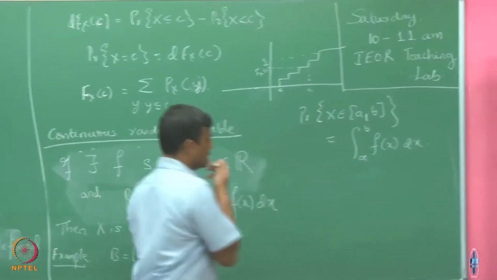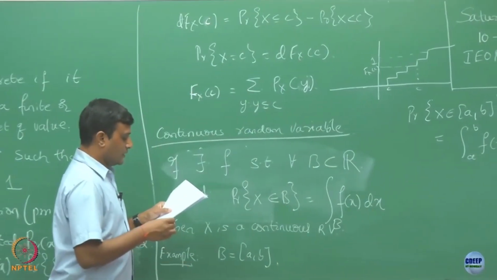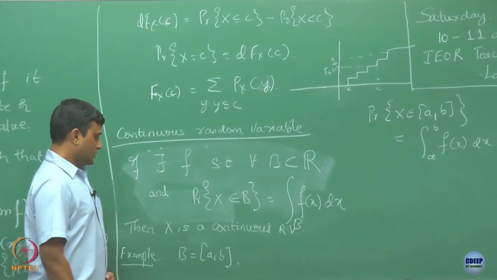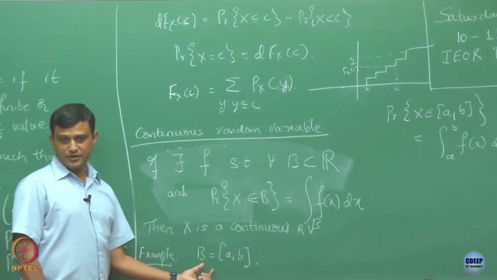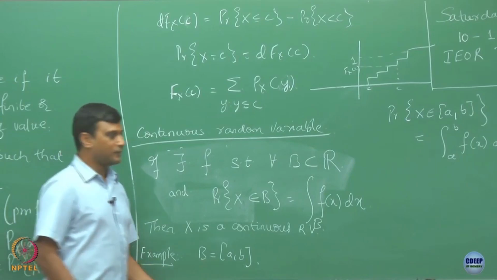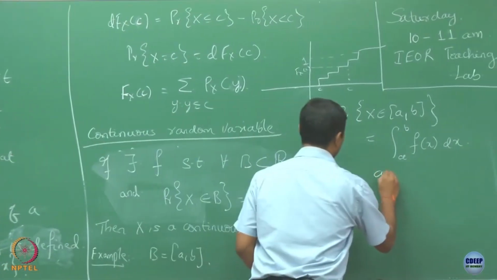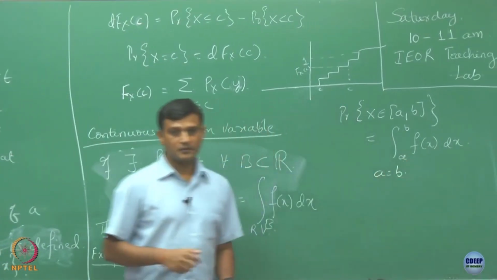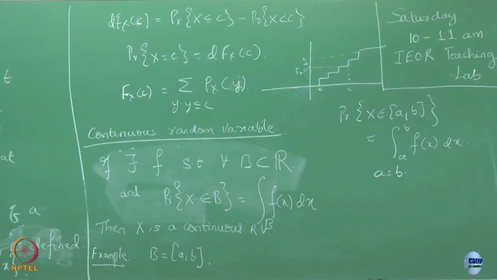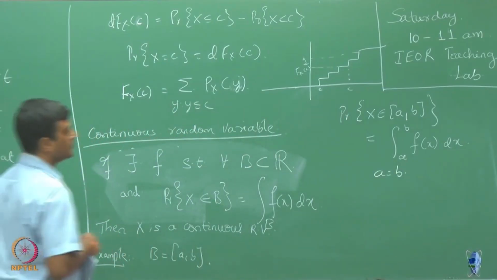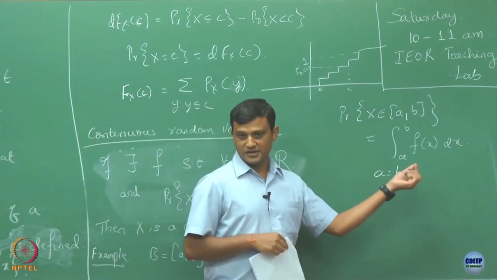So now let us further look at this. Suppose I have taken b to be an interval here. Suppose we set a equal to b. Then what is this? In this case the integral is going to be 0, right?